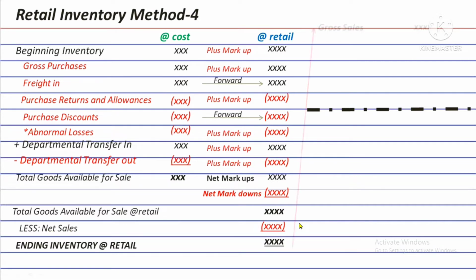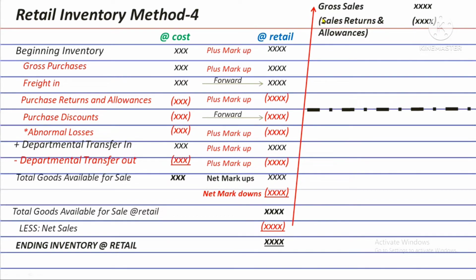One of its components is gross sales, and the second component is that the gross sales will be deducted with sales returns and allowances. But as to the sales discounts, I told you it needs to be ignored because, again, sales discounts do not result in inflow or outflow of physical units of inventory. So that's the first reason that I gave you.